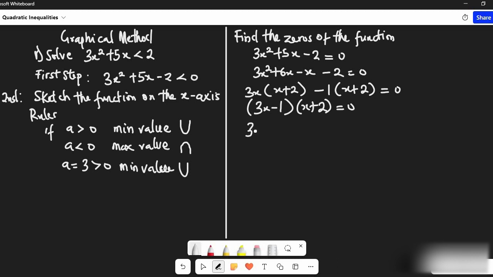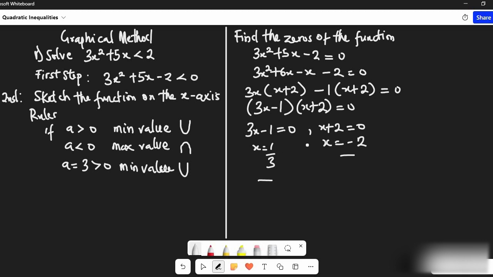Therefore, the zeros of the function will be 3x minus 1 equals 0, so x equals 1 over 3. That's 1. And x plus 2 equals 0, so x equals minus 2. And that's the second one. So we have the zeros of the function as 1 over 3 and minus 2.